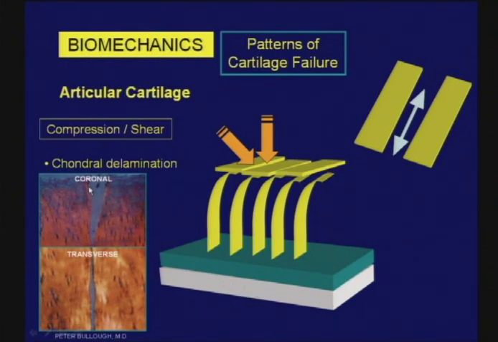Here, a coronal section showing you as this goes down deeper, it would look like this, and here's the transverse section. This is surface delamination of articular cartilage. It meets all of the criteria. It is failure along the long axis of the surface collagen.